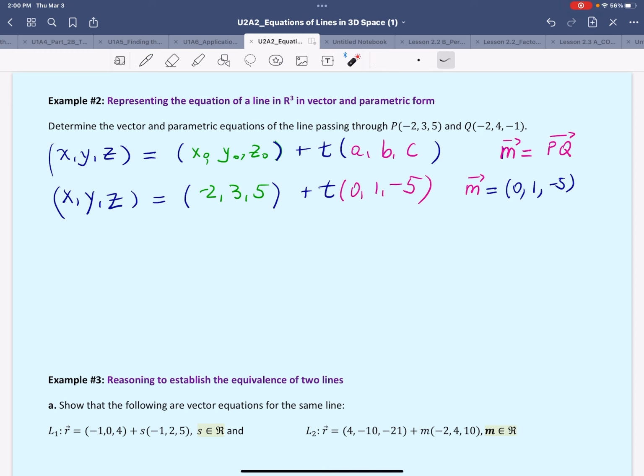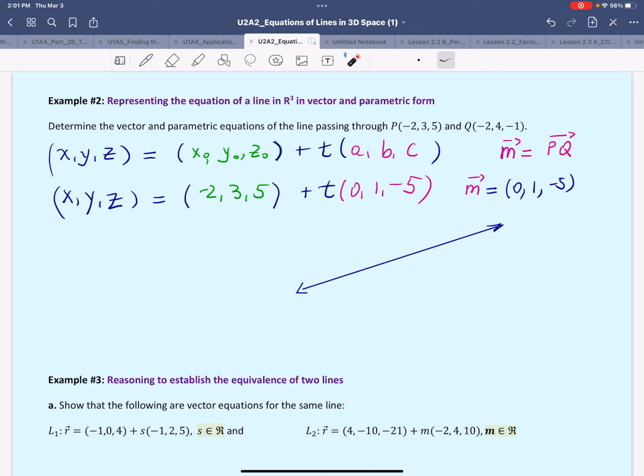Now, another possibility is to input the coordinates of Q for x0, y0, and z0. It would still represent the same line because remember that lines are never ending, which means that there is no direction in which you want to read them. So we can read the line going this way or going this way.